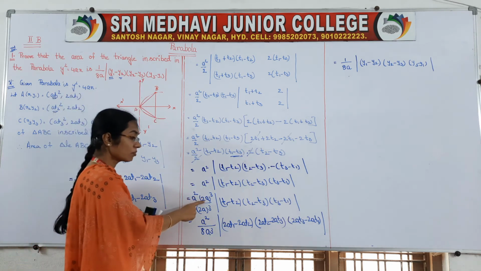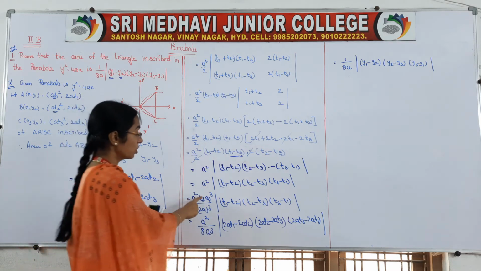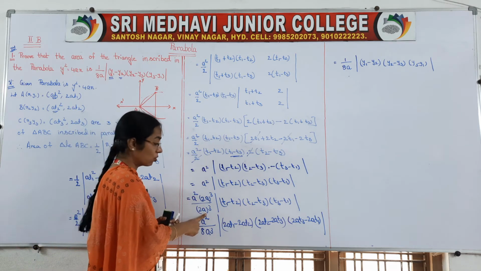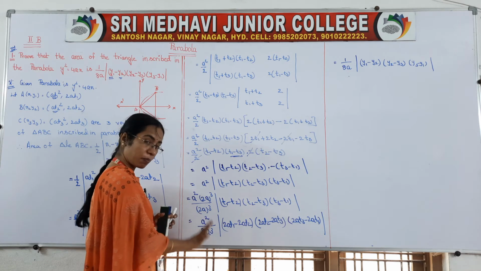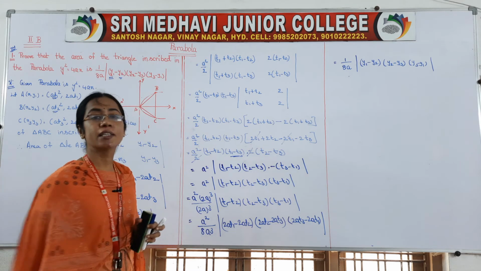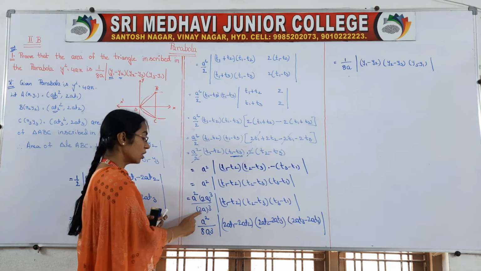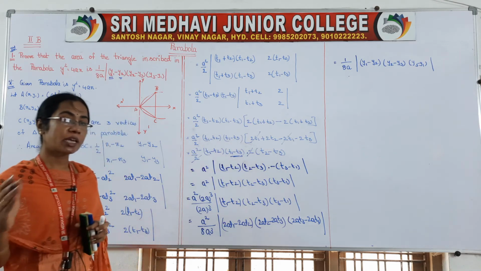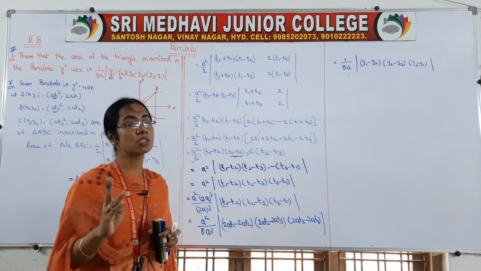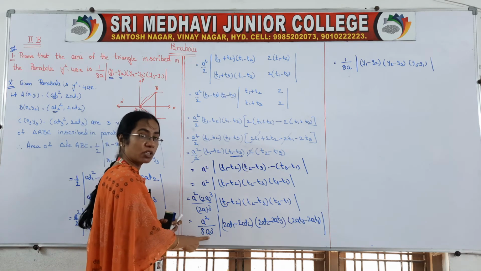So we have to multiply and divide with (2a) cube. Keep (2a) cube downward as it is, and send this (2a) cube inside the modulus. Okay. So then what happens? (2a) whole cube is 2a into 2a into 2a: 2 times 2 is 4, 4 times 2 is 8, and a into a into a is a cube.